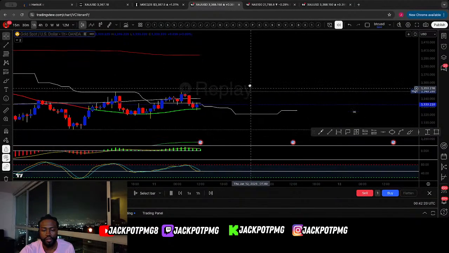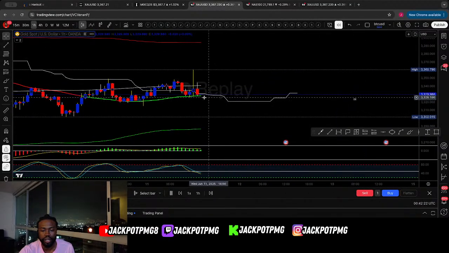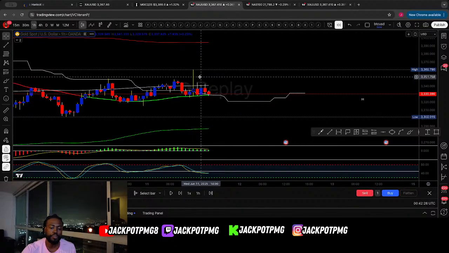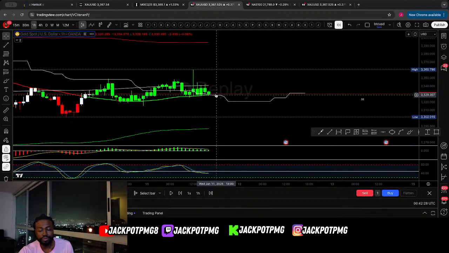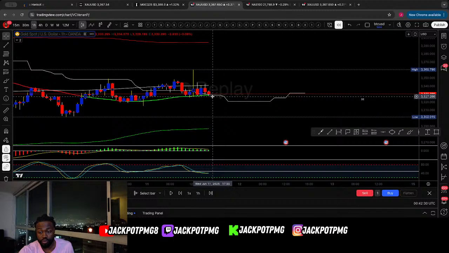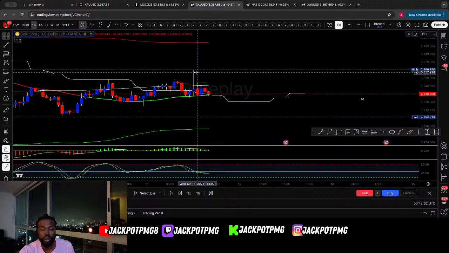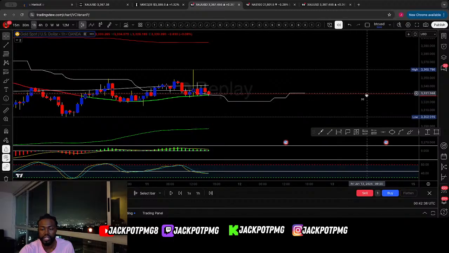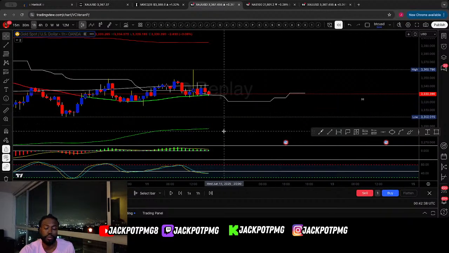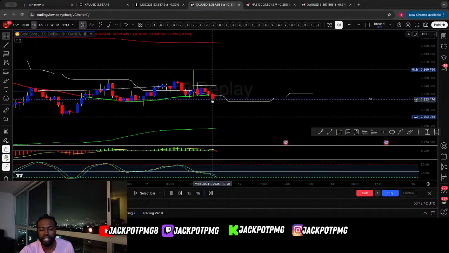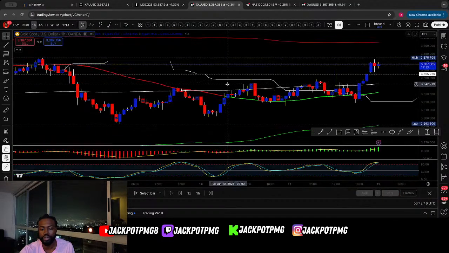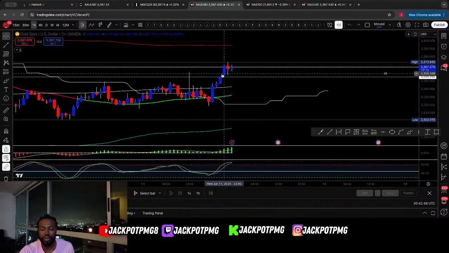We could see this is where the daily entry was at. Price gave us that retest. Price went up, went right back down, giving us the re-entry. So this is exactly where my pending order triggered, right at the daily entry open from the Jackpot strategy. Once we had that entry, price never went below that area. That was the first bullish move, re-entry opportunity, and now we are here.